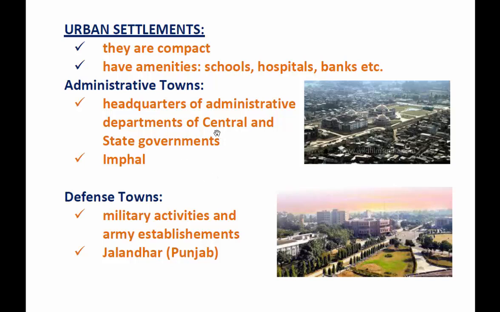So the first one is what we call administrative towns. Administrative towns consist of the headquarters of administrative departments of central as well as state government. This is an administrative type of town or urban settlement, so to say.